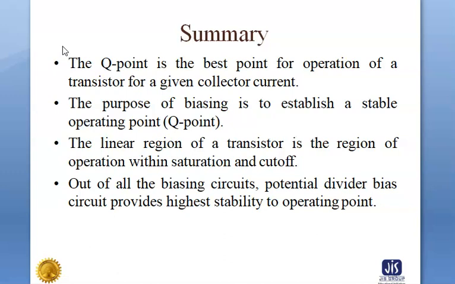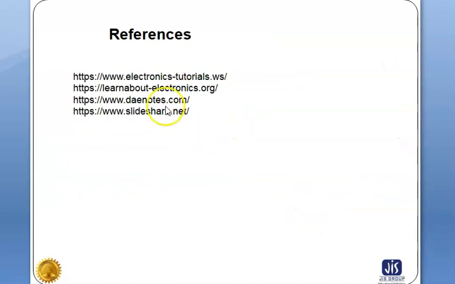Okay, and the linear region of the transistor is the region of operation within saturation and cutoff. And out of all biasing circuits, the potential divider bias circuit provides the highest stability to the operating point among other biasing circuits. So these are the references used in this video lecture.